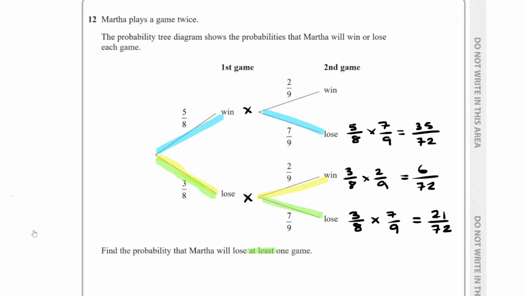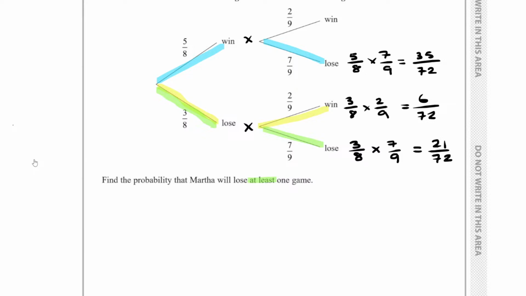So if I move it down, we're now going to add together those probabilities. 35 over 72 plus 6 over 72 plus 21 over 72. And when you're adding fractions, you obviously want the same denominator, which we've already got, so that's perfect.